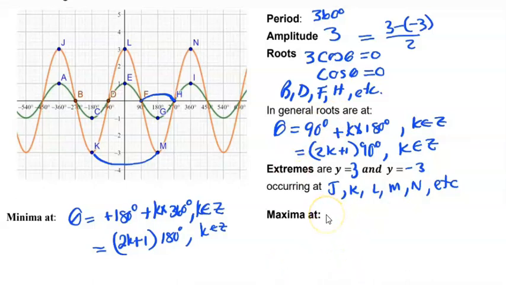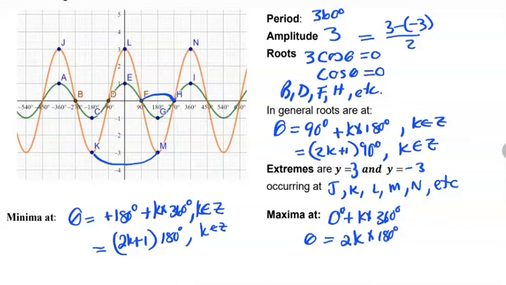So the maxima, if I start at 0, then I will add 360 degrees to that from L to get to N, and that is just plus k times 360 degrees. So our theta here will be 2k times 180 degrees.